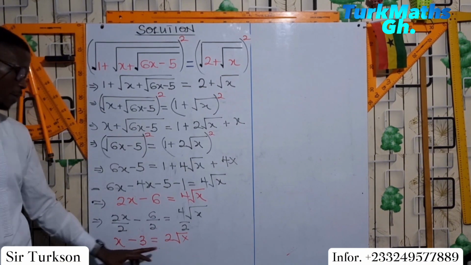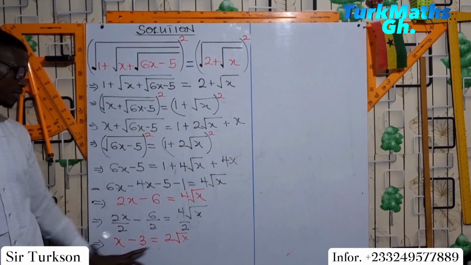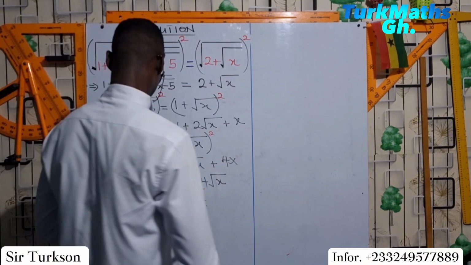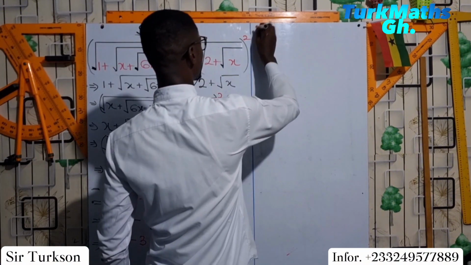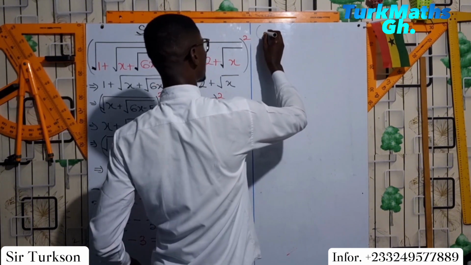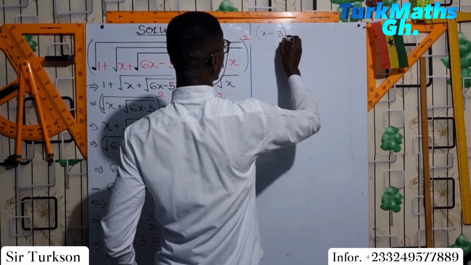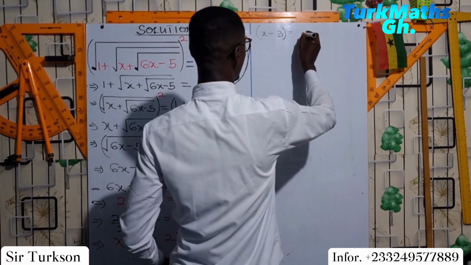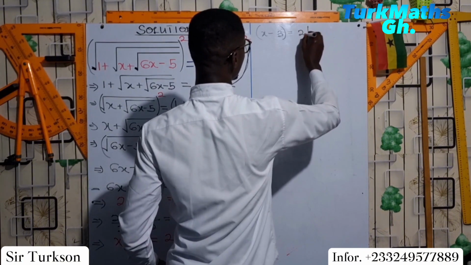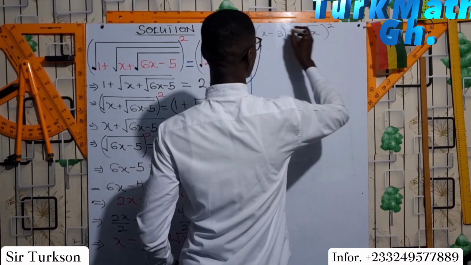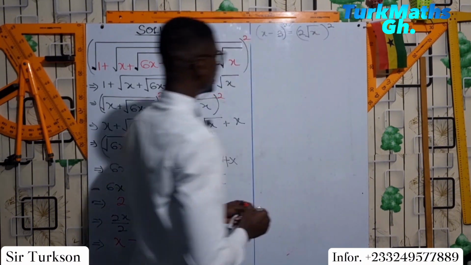So the next thing I'm going to do here is to square both sides again, to take out this radical. So here I'm going to have x minus 3 squared equals to 2 root x squared. Good.